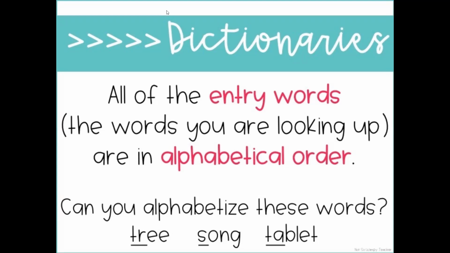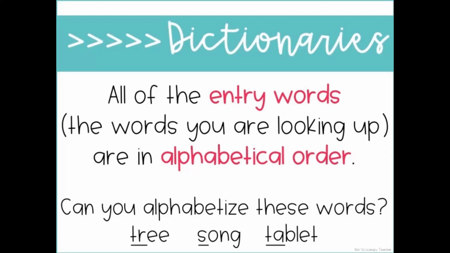So looking at tree, song, and tablet. Well, we know that in the alphabet, it goes A, B, C, D, E, F, G, H, I, J, K, L, M, N, O, P, Q, R, S, and then T. So we know song is going to be our first word that we would find.